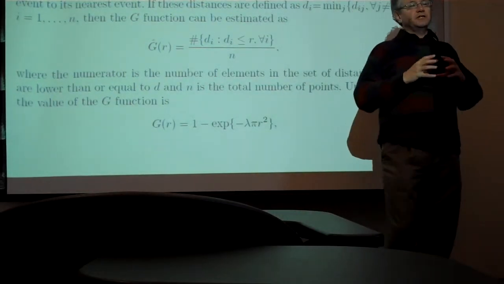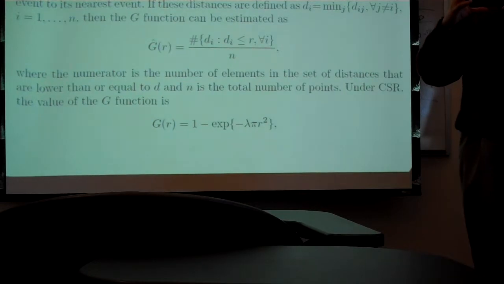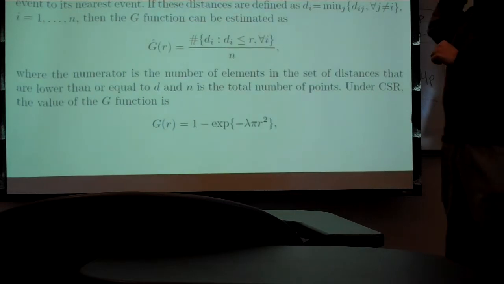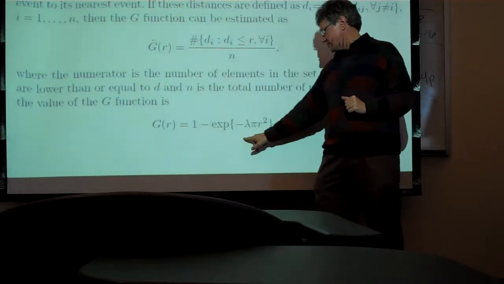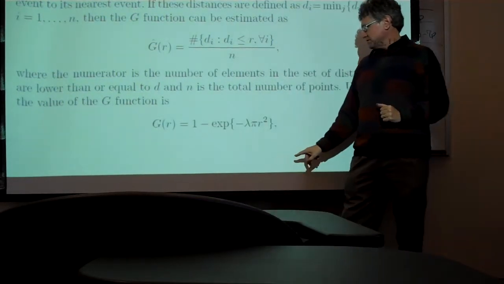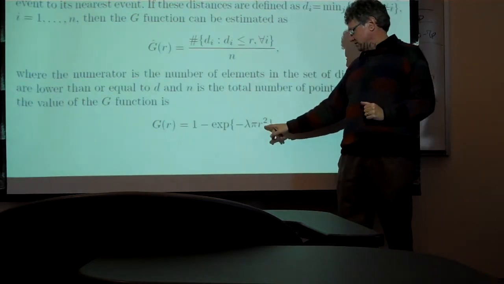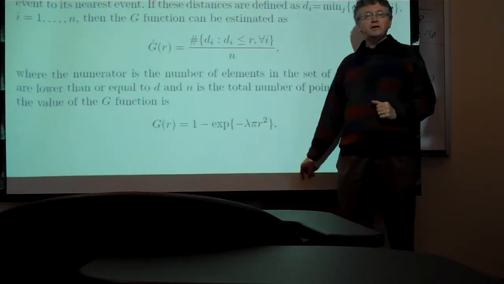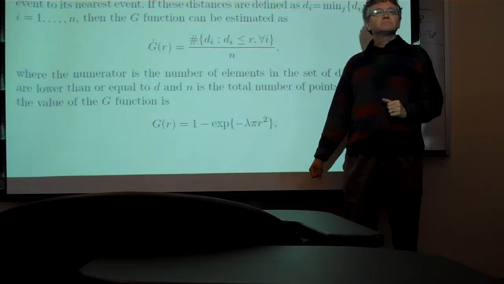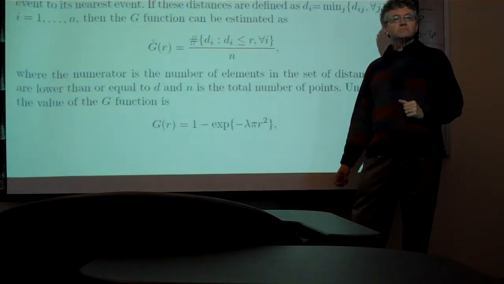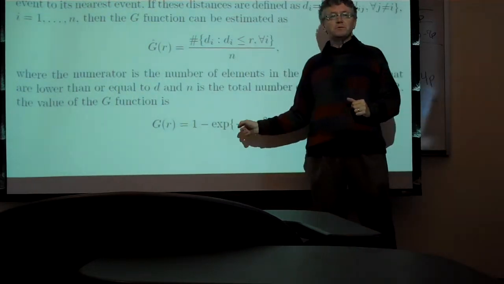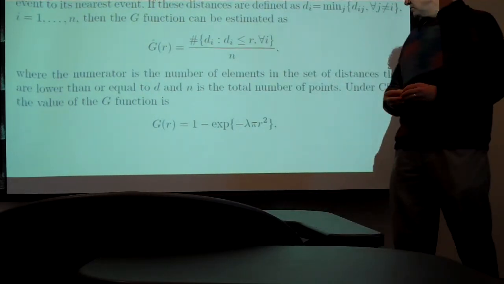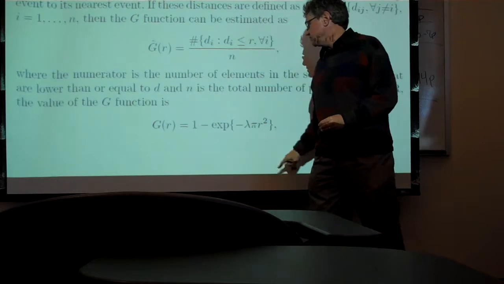It comes about from this notion that in a given area we have a Poisson distribution of occurrences. So this is essentially the probability of having 0 occurrences in a region of area pi r squared. So it's a 0 term from the Poisson distribution.